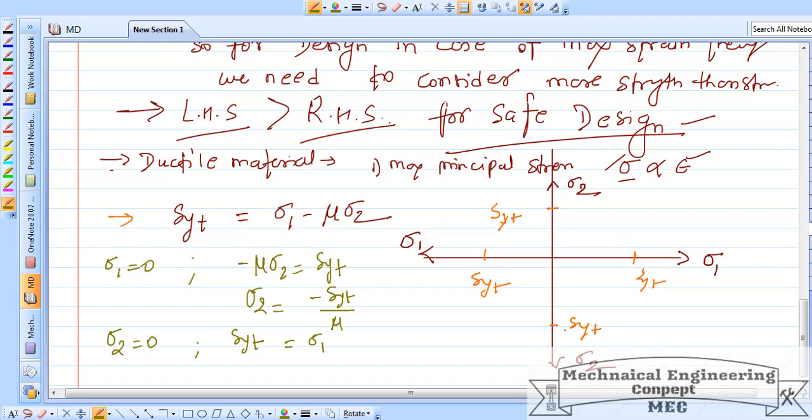Negative means this is the negative point of sigma 2. So we can join them like this. This is the way we can join each of the points. This is the plot.